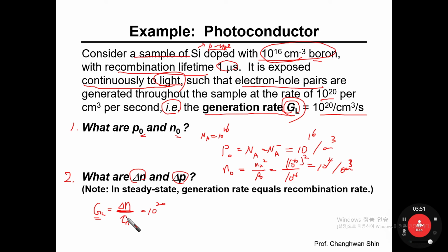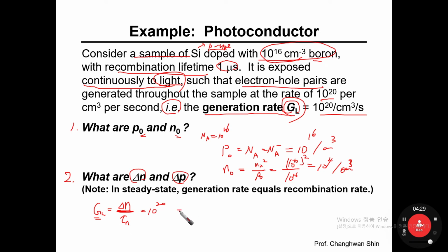But in this example, the sample is exposed to light continuously, so another electron is created. At one place an electron is annihilated with a hole, and at another place the same amount of electrons should be created, so that the generation rate of 10^20 per cubic centimeter every single second is kept constant. That's the reason why I'm using G_L equal to delta n divided by tau_n.